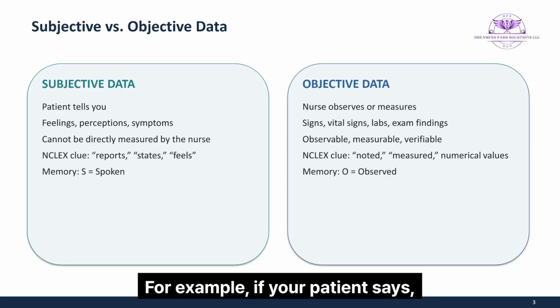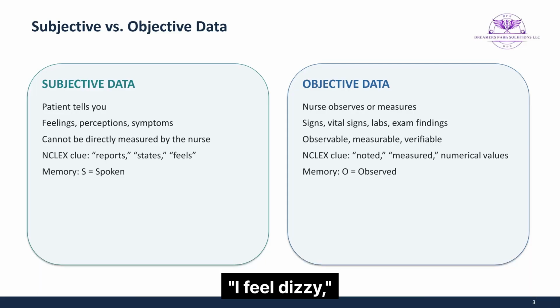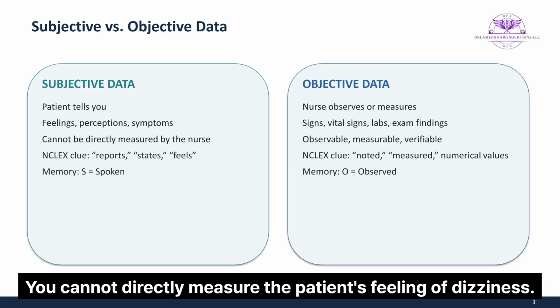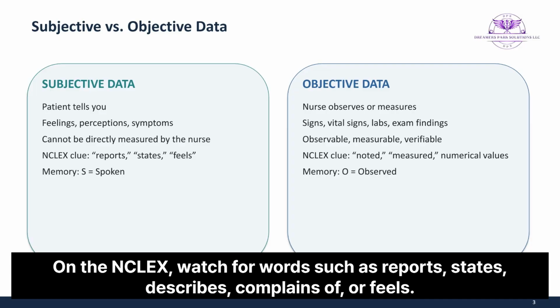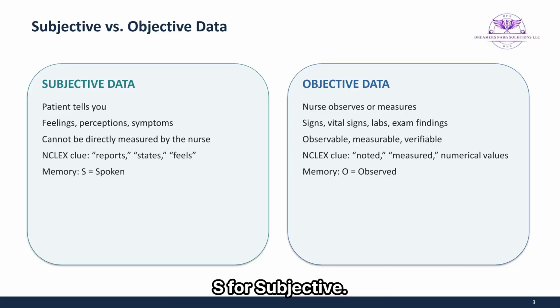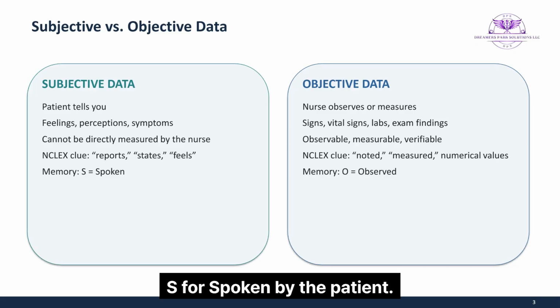For example, if your patient says, "I feel dizzy," that is subjective data. You cannot directly measure the patient's feeling of dizziness. You know about it because the patient reported it. On the NCLEX-RN, watch for words such as reports, states, describes, complains of, or feels. A simple memory trick is S for subjective, S for spoken by the patient.